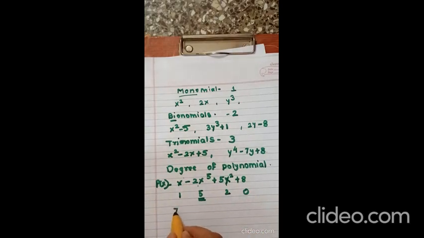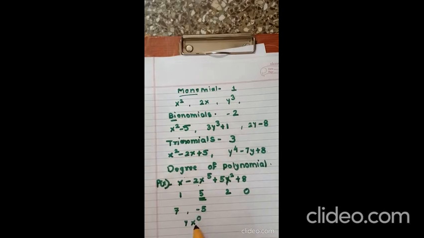Consider the polynomial 7 or minus 5. What is its degree? As this is a constant, it can be multiplied by x raised to 0. You can take any variable.